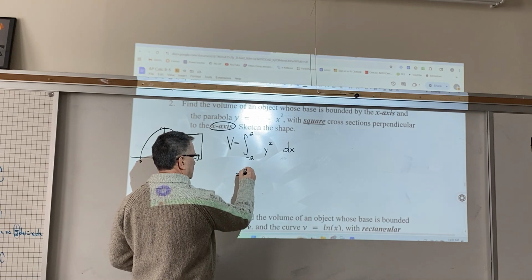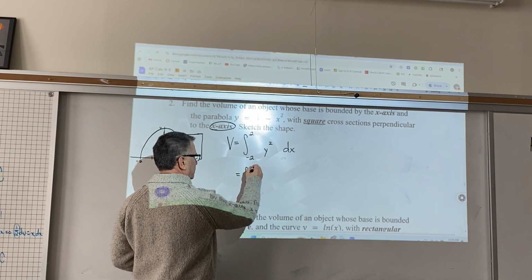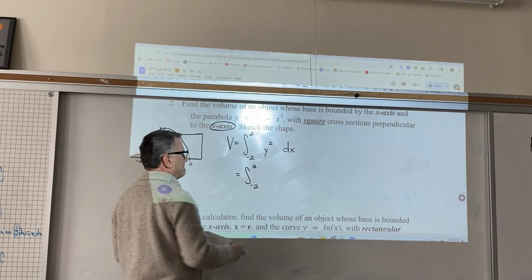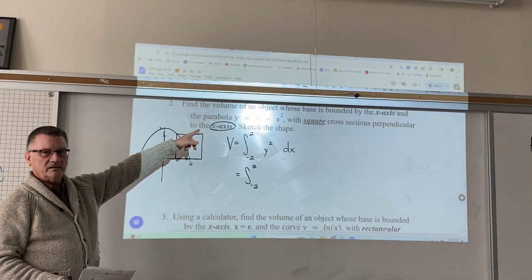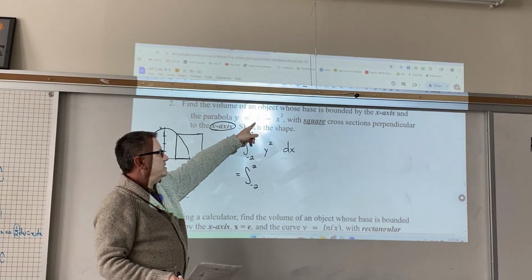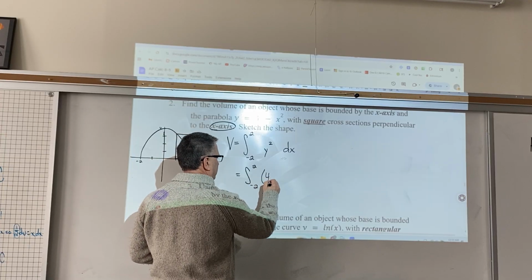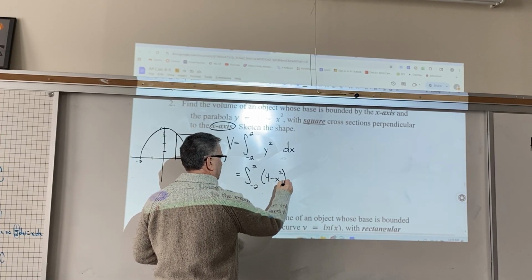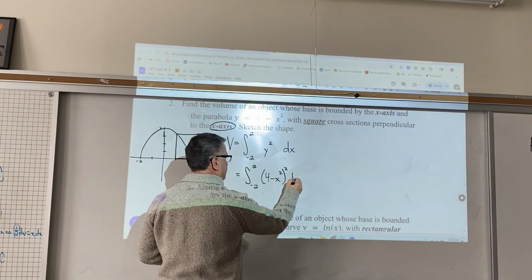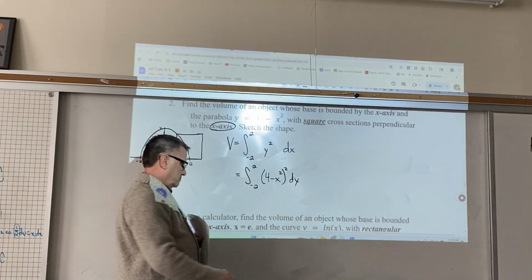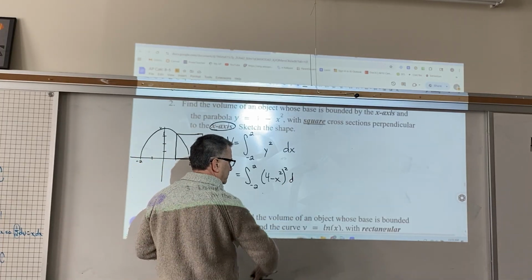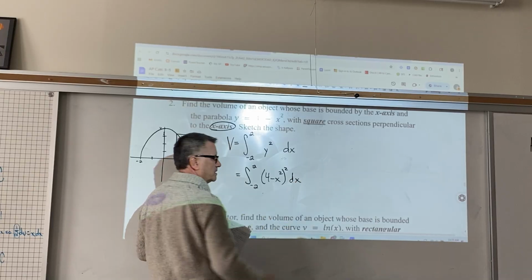So I need the integral from -2 to 2. It's already in terms of x. Y is 4 minus x squared, 4 minus x squared, squared. Looks like dx, in terms of x.